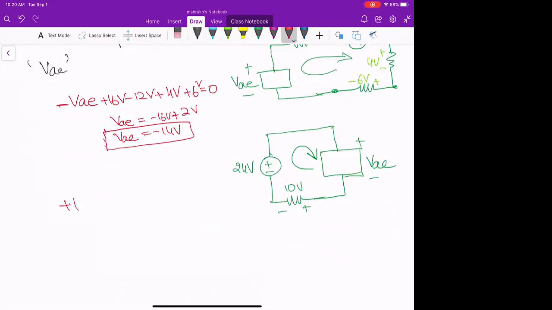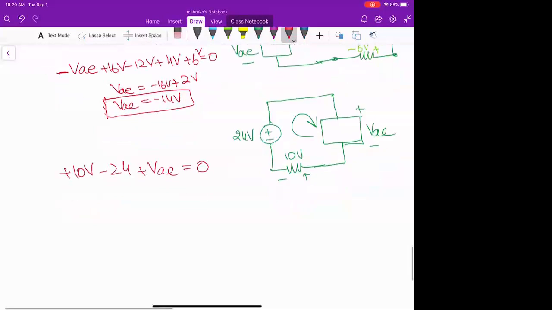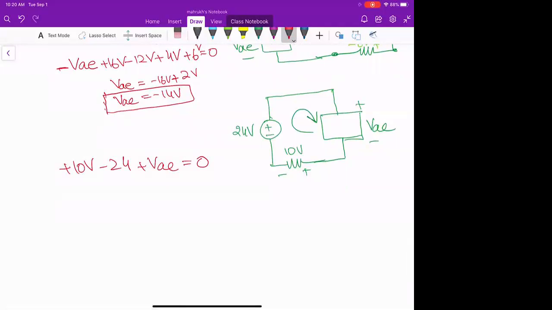So it's 10 volts minus 24 volts plus VAE is equal to 0, which makes it VAE. Is it right? I think the first one is wrong because you kind of just dropped the negative in front of the VAE.